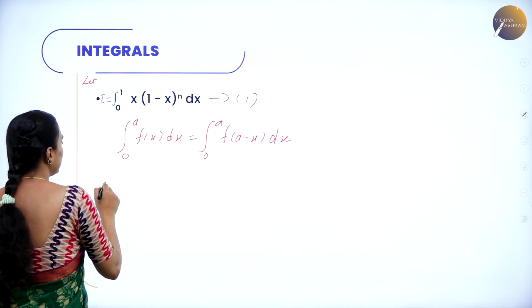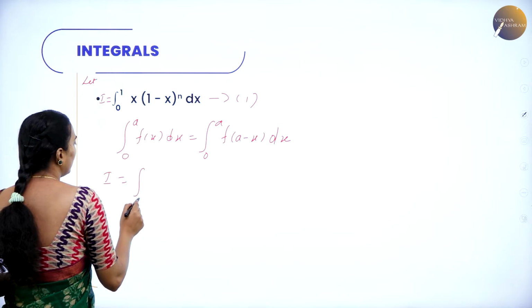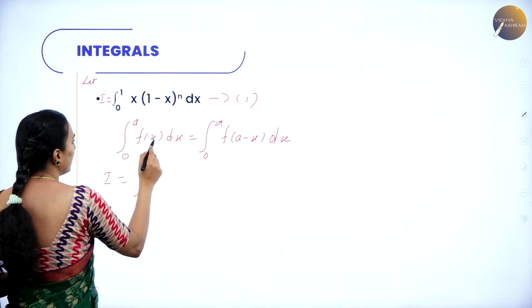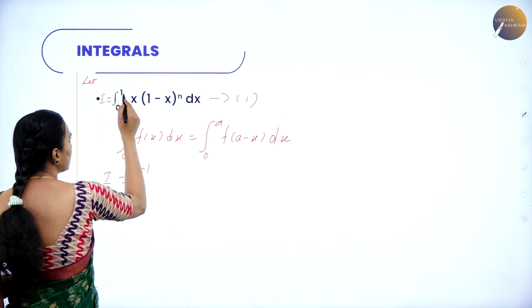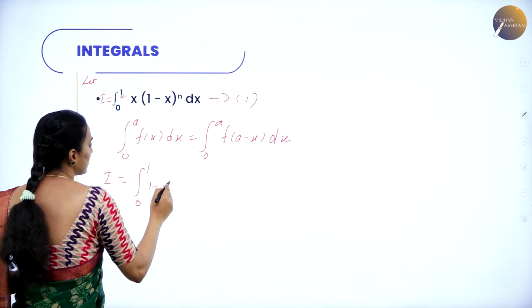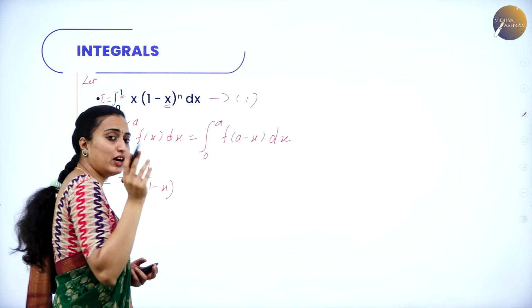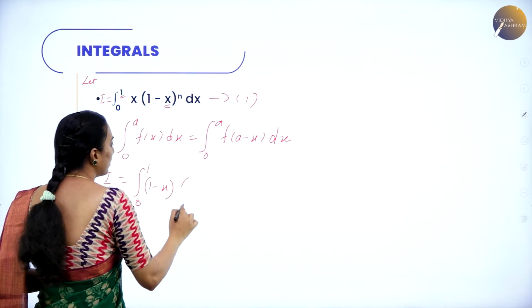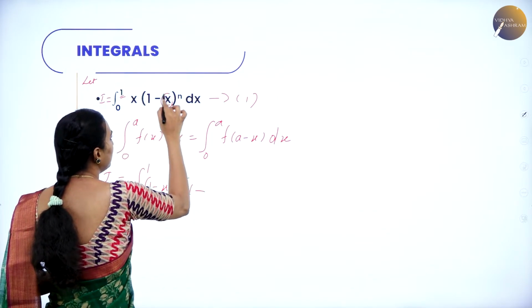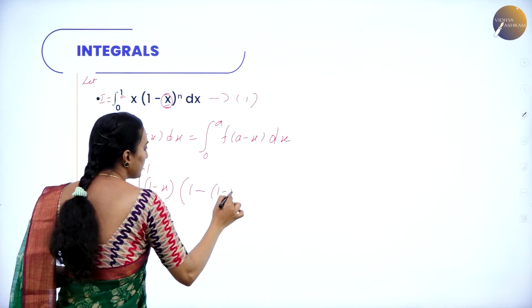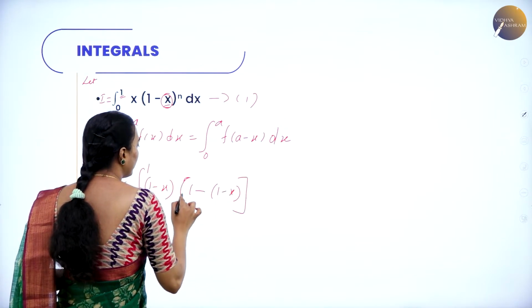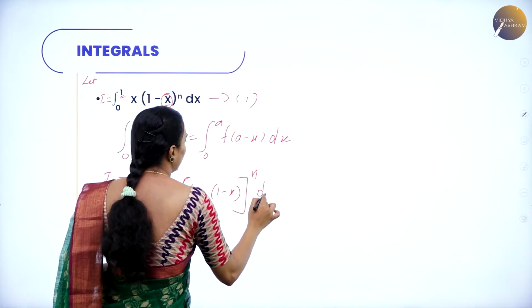Now I is equal to integral 0 to 1, x will become 1 minus x because a is nothing but 1 here. So x will become 1 minus x. Therefore 1 minus x will be (1 minus (1 minus x)) to the power of n into dx.